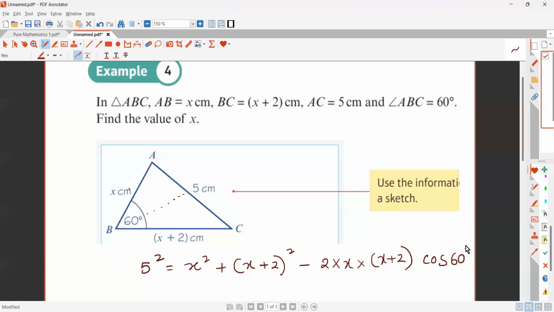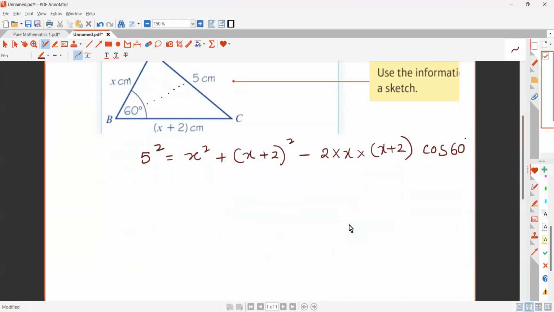Okay. Now what we're going to do, we're going to open the bracket. 5 square is equal to x square plus x square plus 4x plus 4.